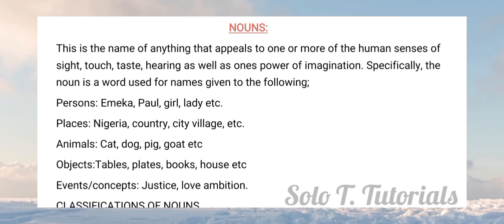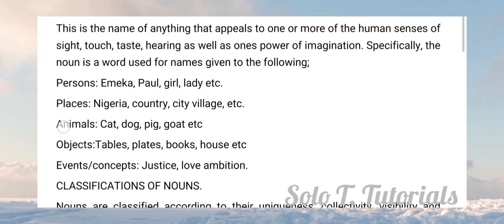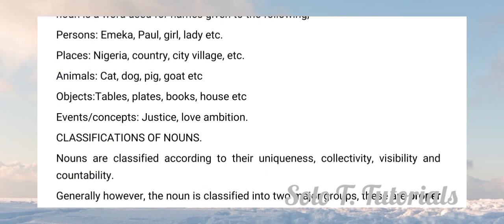We have places: we have Nigeria as a name of a place, we have country, city, village, etc. Animals: we have cat, dog, pig, goat, etc. Objects: we have tables, plates, books, houses, etc.